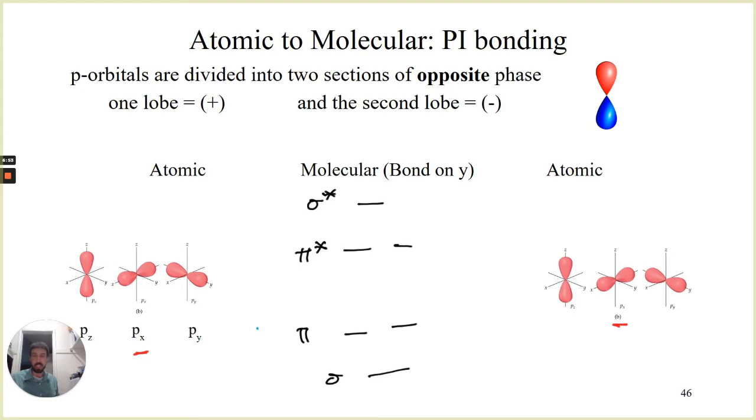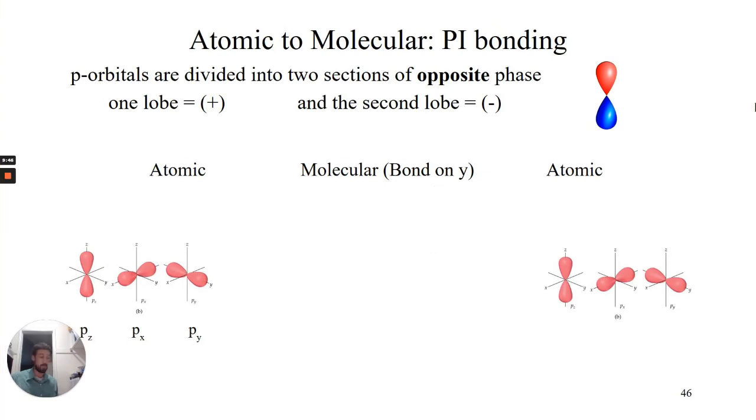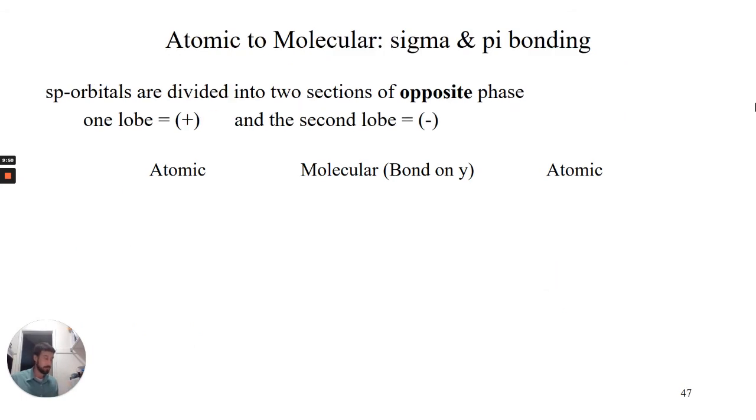Depending on the exact energetics and electronegativities of the individual atoms, you can see these pi orbitals slide either above the sigma star or below the sigma, depending on those individual energetics. I don't expect you to know that, so don't stress about that. What I do want you to understand is how these things can interact with each other, and that's going to be our primary focus. Okay, so don't dig too deeply into this.